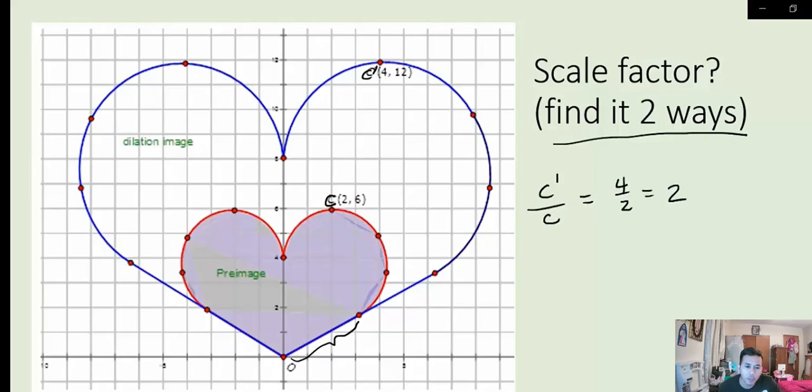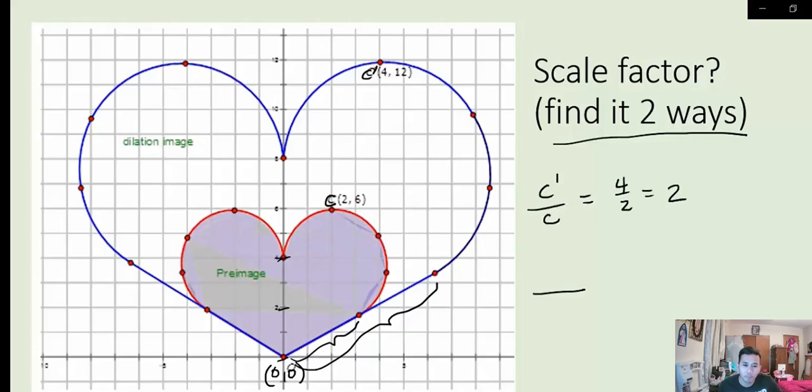Let's see. We have this area here, which is the overlap. That's the first point there, that I marked there. You look for the length of this, the first two of the red, and the first two of the blue. So at 0, 0, we have your pre-image and the dilated image.